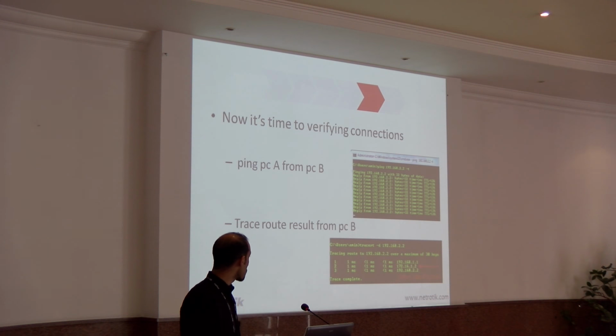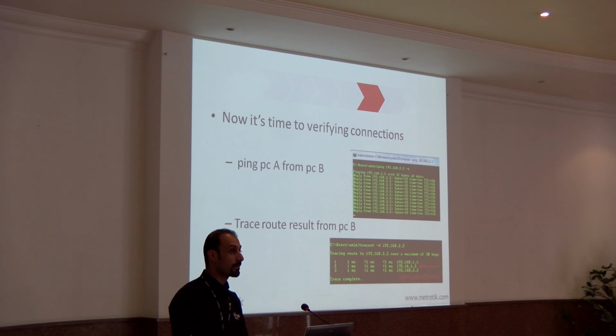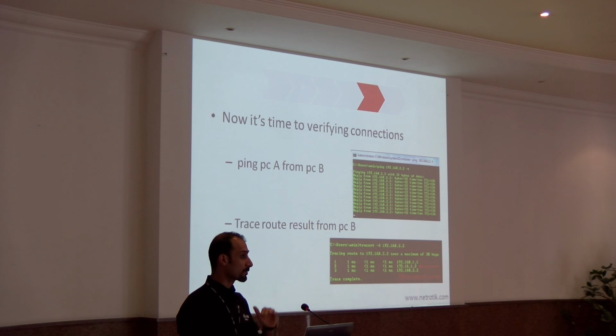And then, for example, you can trace the route from PC B to PC A. In this slide, we show it with red typing. Your packet must go through the tunnel, not through the public network, for example the internet.